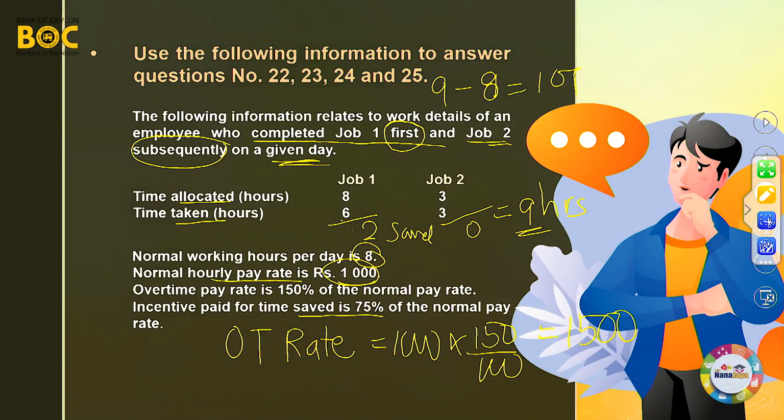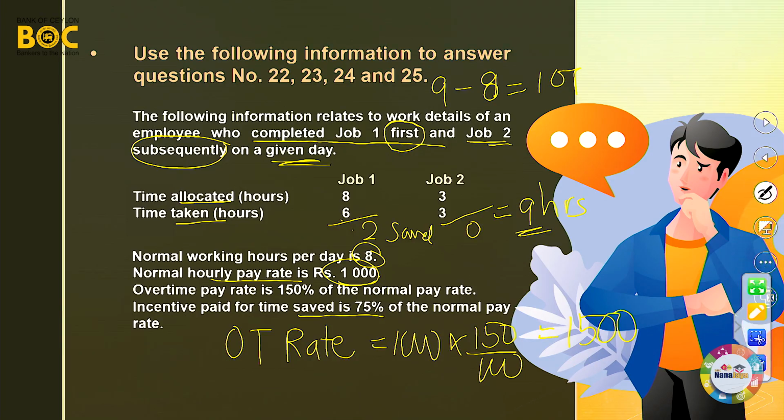Incentive is paid for the time saved. How many hours has he saved? 2 hours. For job 1, the standard time allocation is what you have allocated.